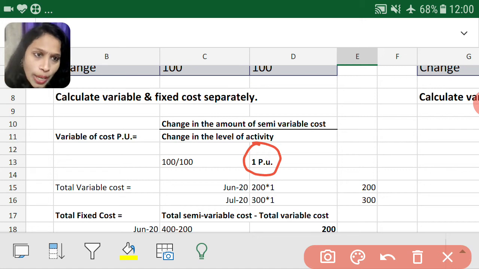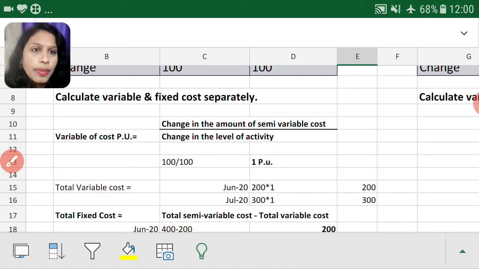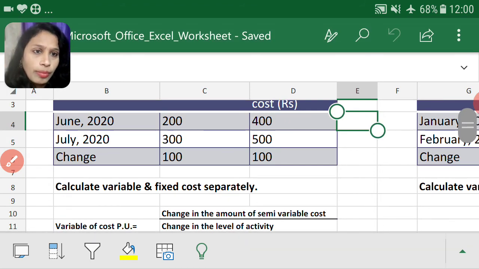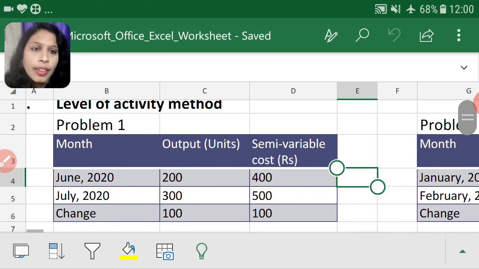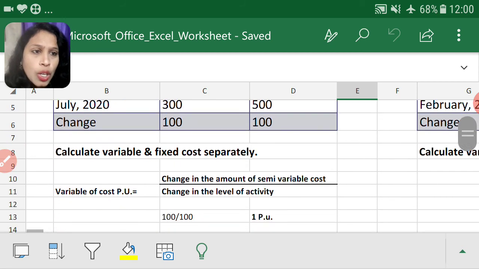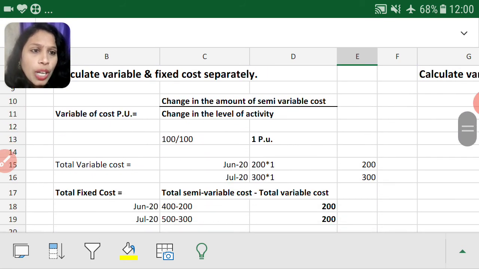And in the month of July 2020, we are producing 300 units. Per unit is rupees 1, so 300 into 1 means 300.